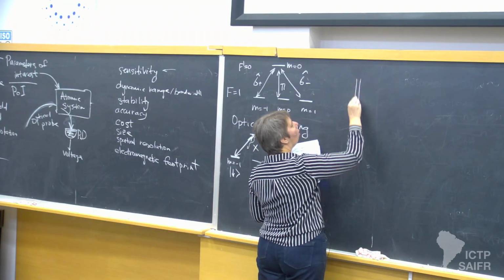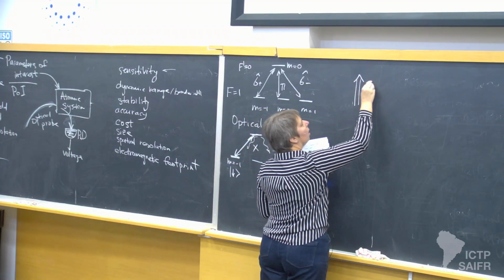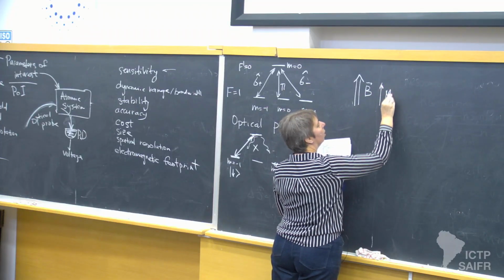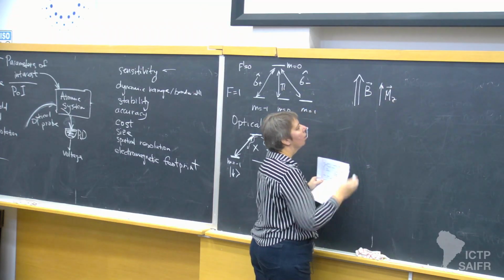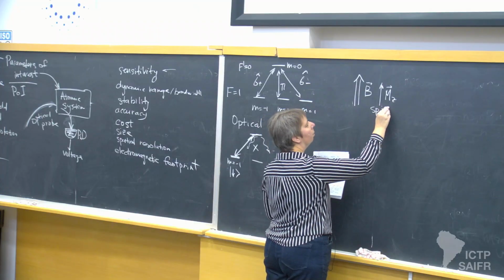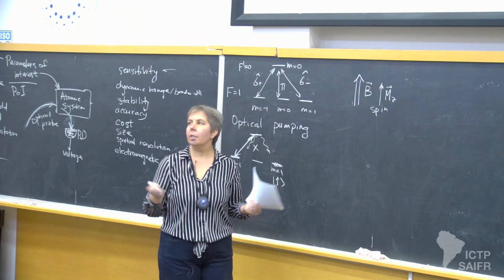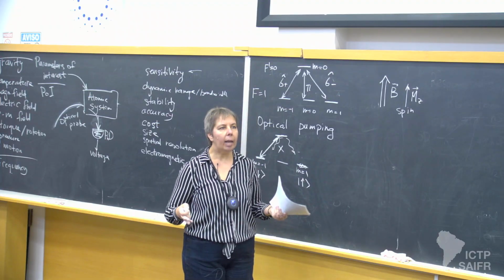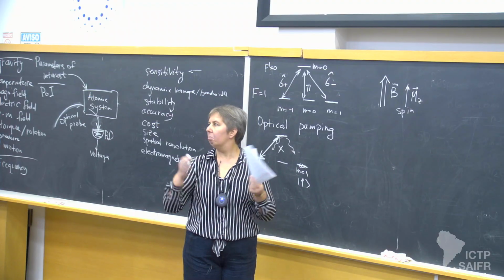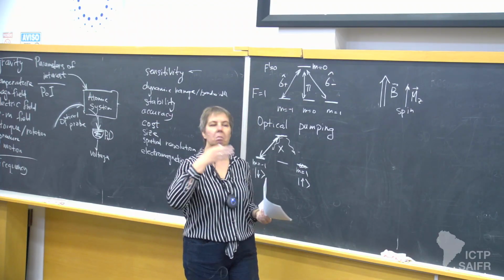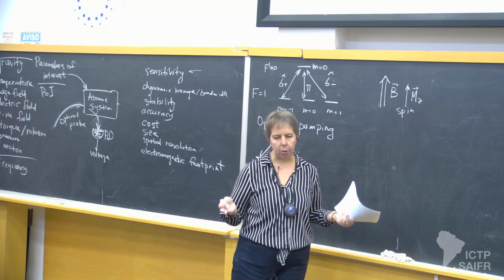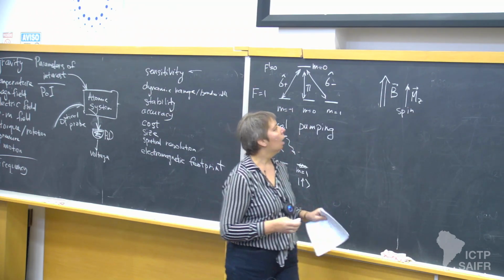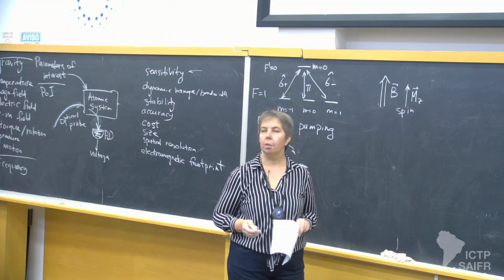Let's say our bias magnetic field is in the same direction as our magnetization. This is spin magnetization. Then, of course, nothing is really going to change. If we can keep the atoms in this state for a very long time, they're just going to sit there. We never can do that, so in time, we're going to start losing this magnetization. But this is kind of a little boring system.